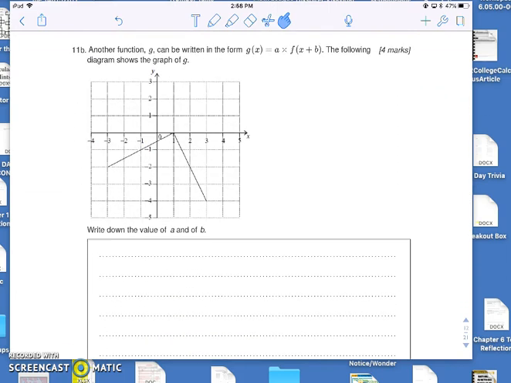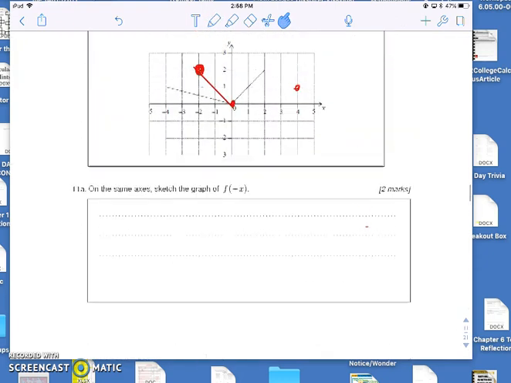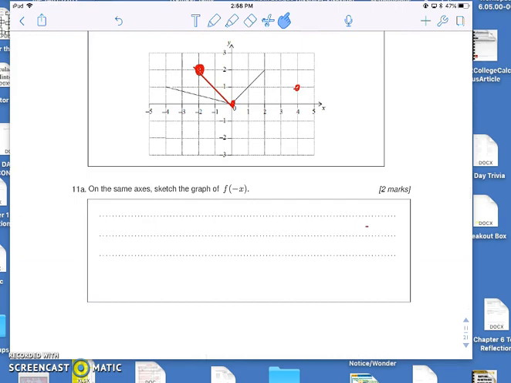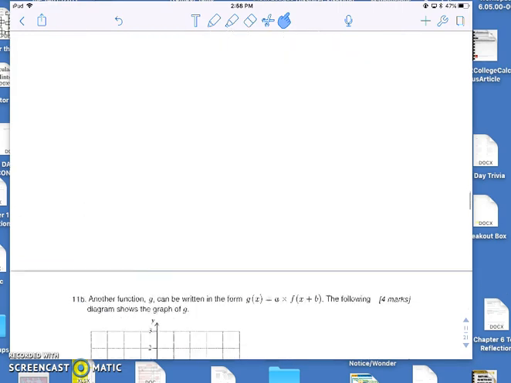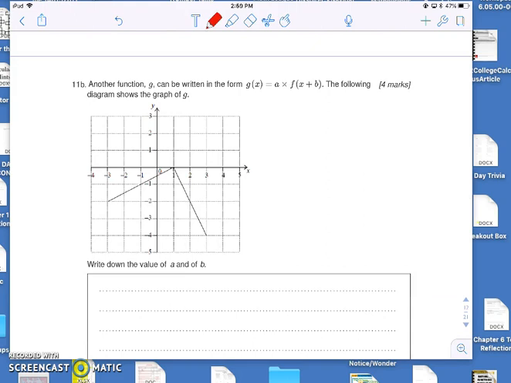11b. Another graph can be written as g equals a times f of x plus b. So this is referring to our other graph here, and I'm going to write that so we add 2, 2, and negative 4, 1. So it's still referring back to this one, so our original. And what happened to the graph? Well, in words, it flipped, it got longer, and it moved to the right 1.